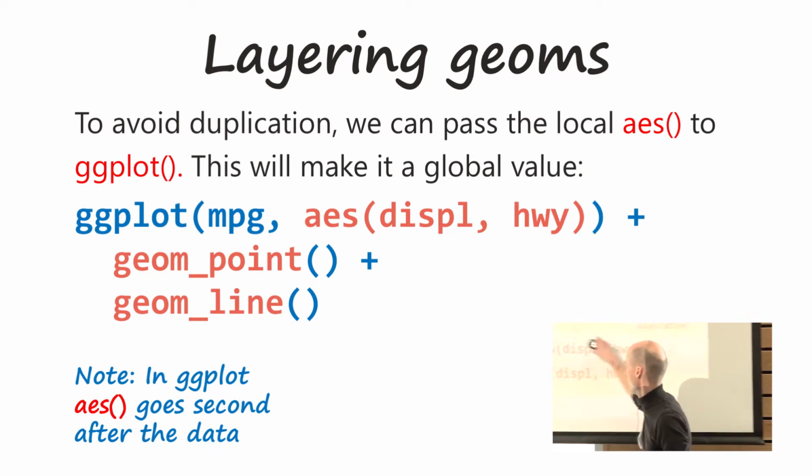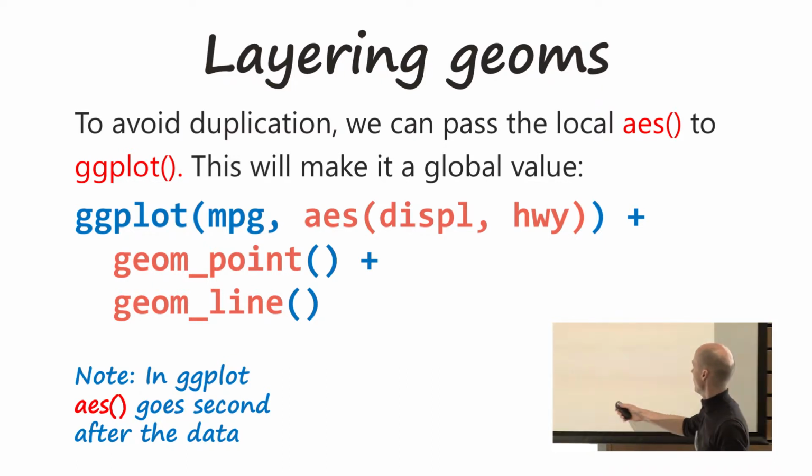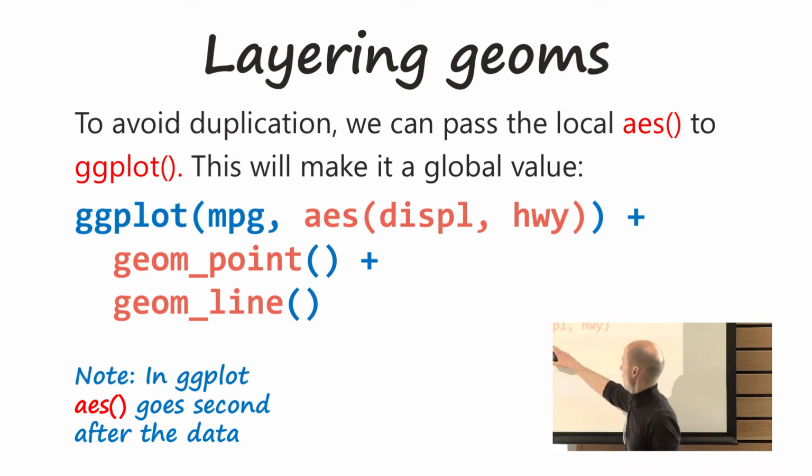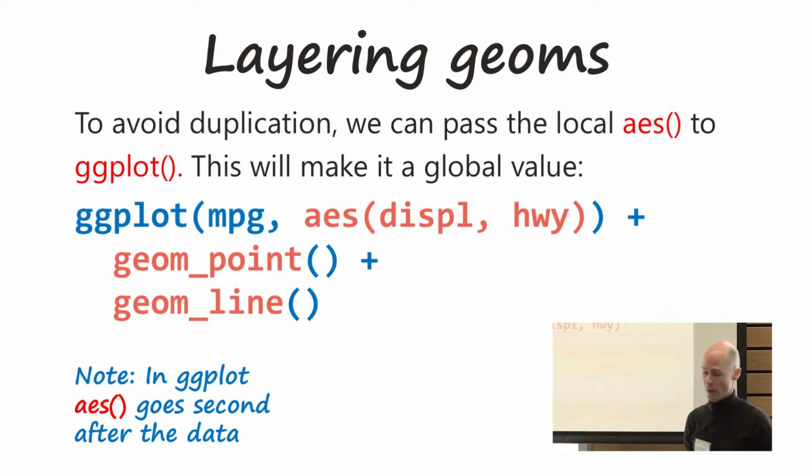This was a local argument to the geom point. We can pass it to the global level as a global value, and we do that by putting it in the ggplot function up here. So after our data, we'll have a comma, and we'll put the aesthetic in the ggplot function, and that will set the aesthetics for both geom point and geom line.